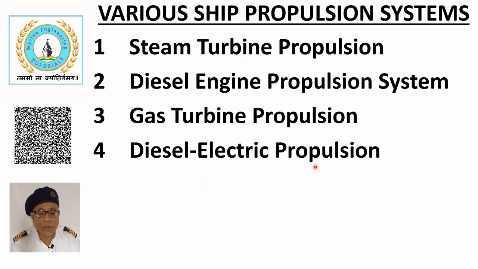Diesel electric propulsion. In this system, diesel engines drive generators, and electric motors drive propellers. To reduce the size of motors, high voltage at 6.5 kV is used. This system is used for cruise ships, icebreakers, research, and offshore vessels.